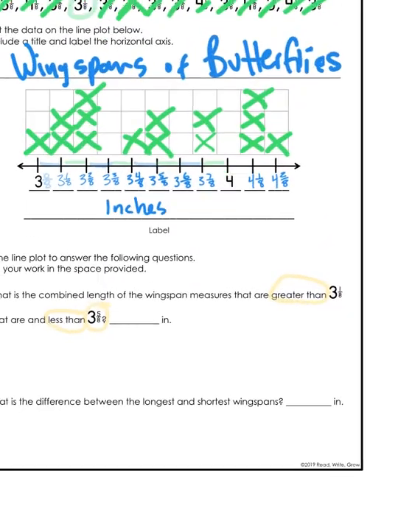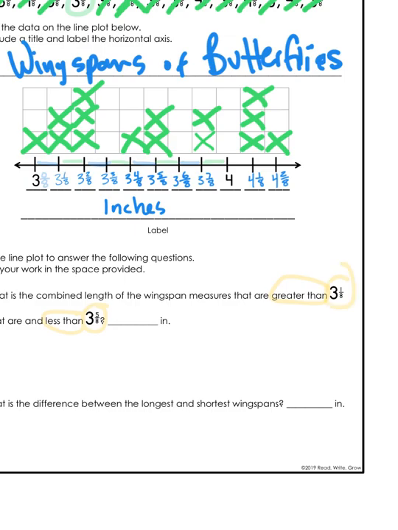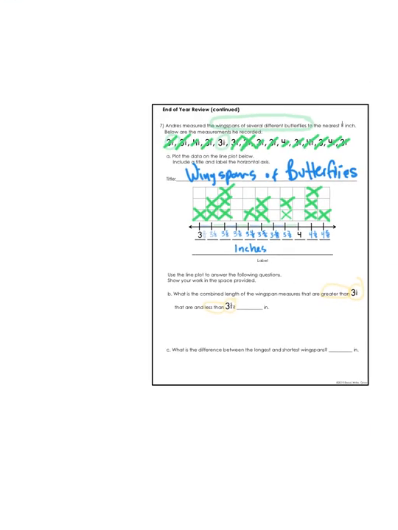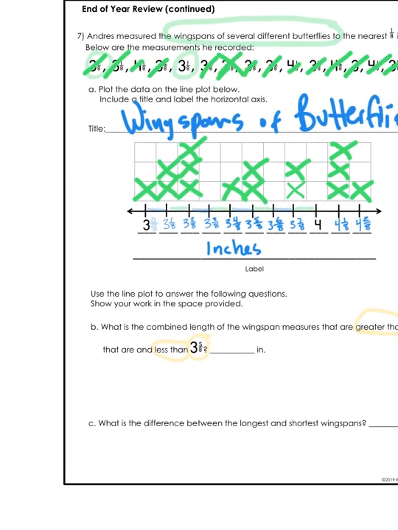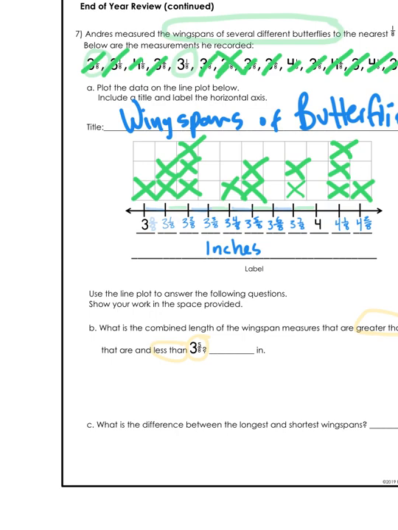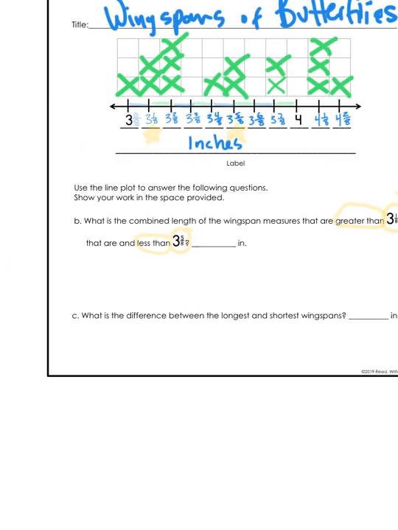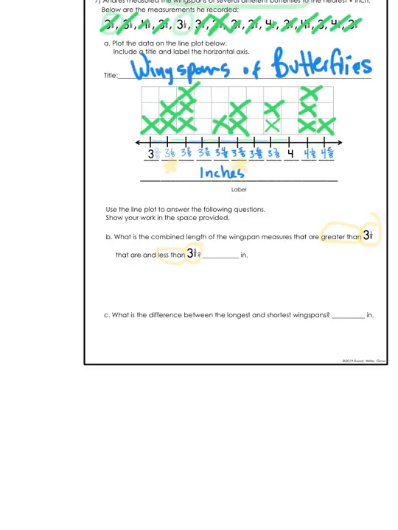So greater than 3 1/8, and then less than 3 5/8. You're going to look at the space that is past this point here and stopping before you get here.